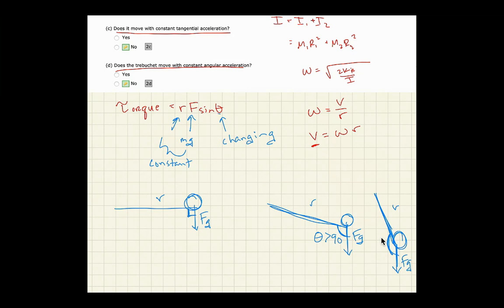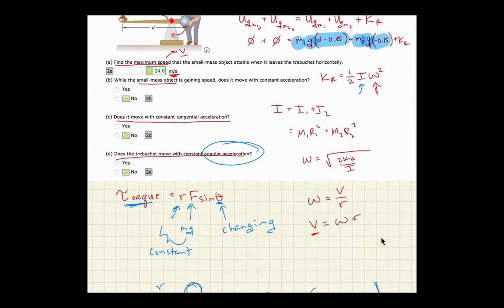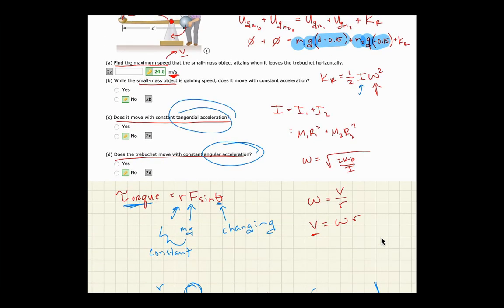So theta is changing while R and F are staying constant. If theta is changing, then torque is changing. If torque is changing, then angular acceleration is changing. If angular acceleration is changing, then tangential acceleration is changing, which is to also say that constant acceleration does not exist in this particular problem.